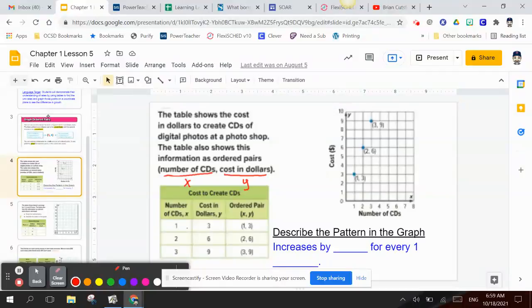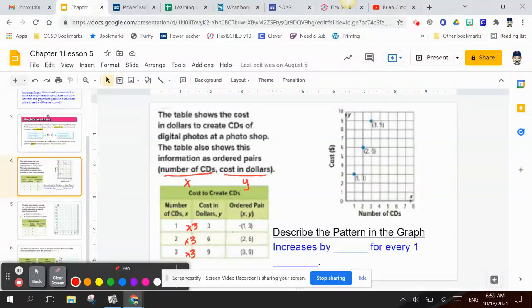So when we look, there's one CD. It costs $3 to make, so the ordered pair is 1, 3. 2 CDs would cost $6, so that would be 2, 6. And 3 would be $9, so 3, 9. So notice that we are multiplying by 3 each time.